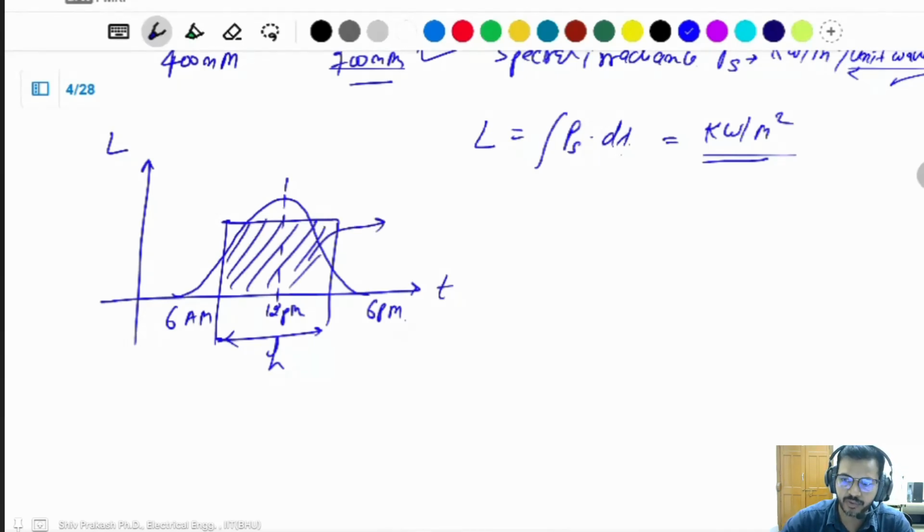If you want to estimate the overall insolation, then you have to integrate this from here to here, 0 to h, of the insolation of this one before. But I will simplify it by taking a direct multiplication of h, taken as a square wave, to calculate approximately, because this line is known as the one standard line, 1 kilowatt per meter square.